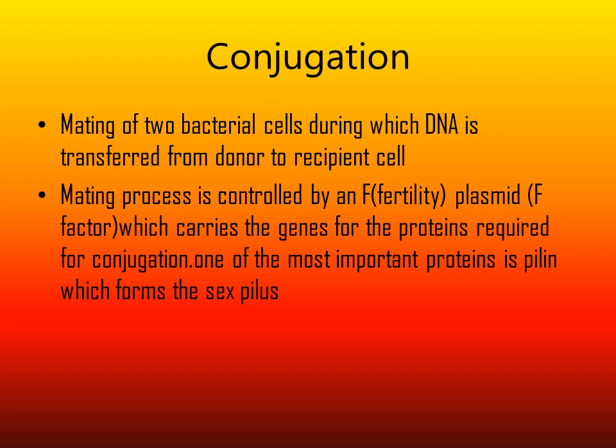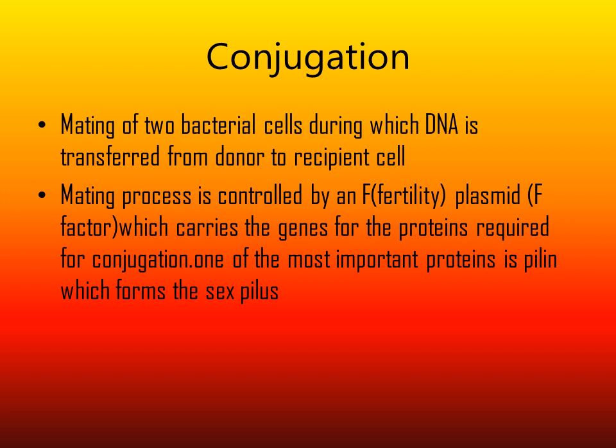So whichever bacteria has that fertility or F plasmid will have the pili, and the other bacterium with which it will be conjugating will be F negative. The one that has that plasmid will be F positive, and the one that does not have that plasmid will be F negative before the start of this conjugation.